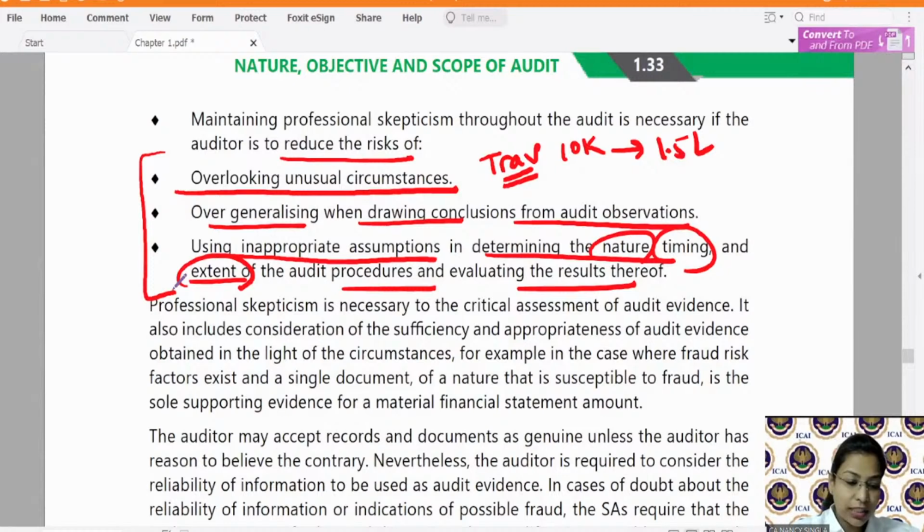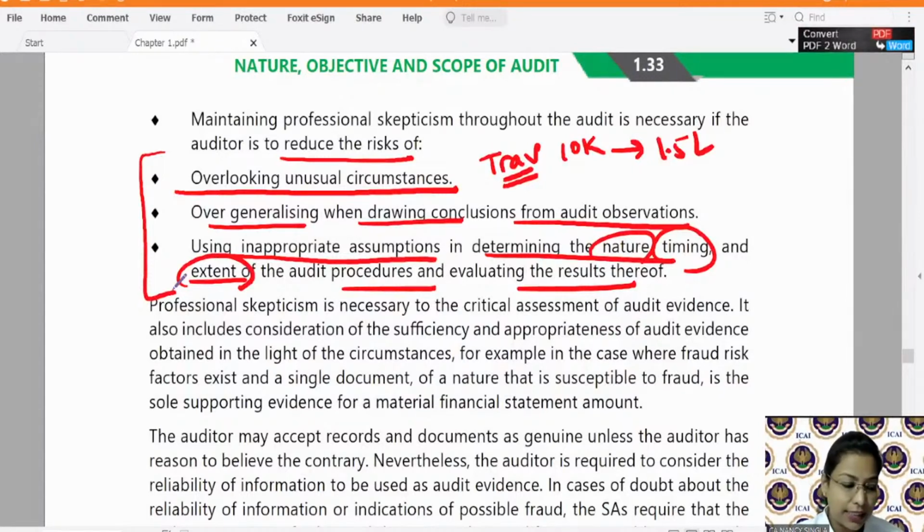Now let me ask you one doubt, one query: does it mean that the auditor needs to enter the client organization with a question mark on his head, meaning that he should doubt each and every document that he comes across? Should he just keep on asking questions from the management? See, professional skepticism basically says that the auditor should be alert to conditions and have a critical assessment of the audit evidence.